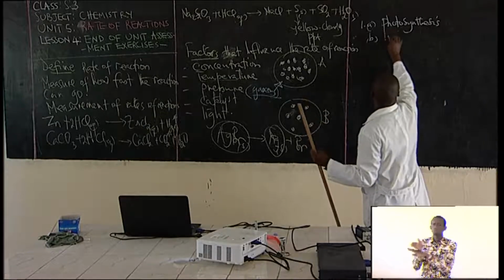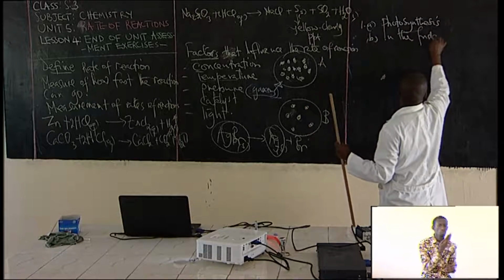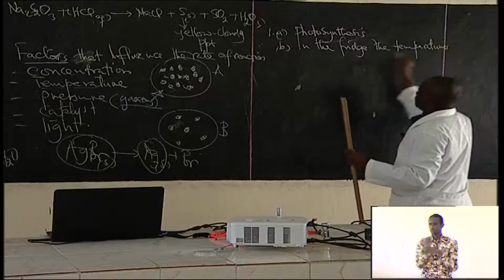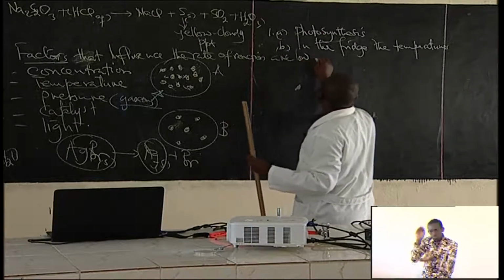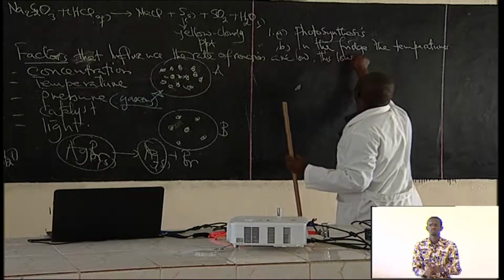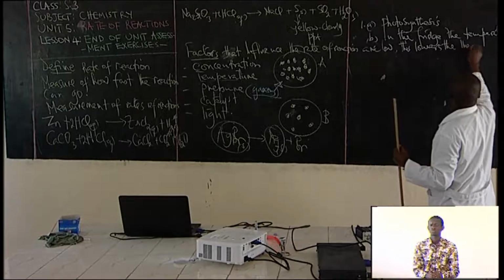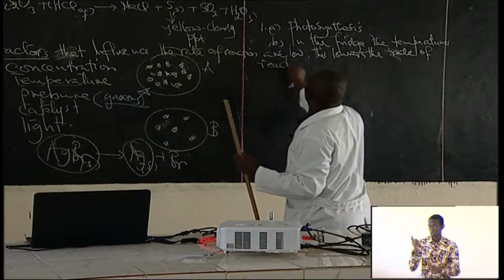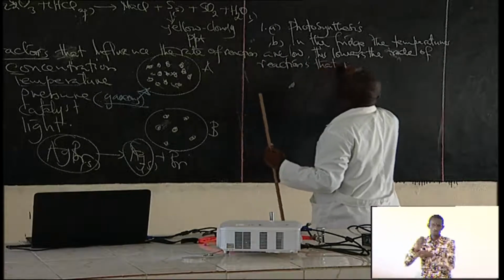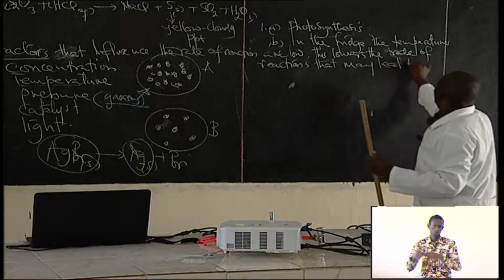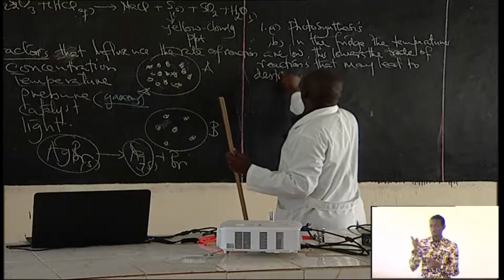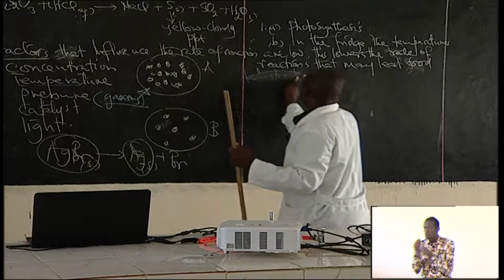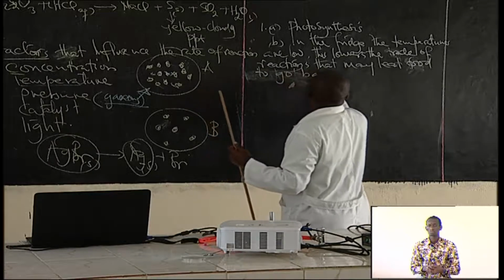So we can say, in the fridge, the temperatures are low, and this lowers the rate of reactions that may lead the food to go bad.